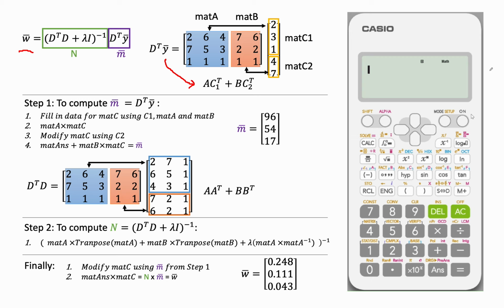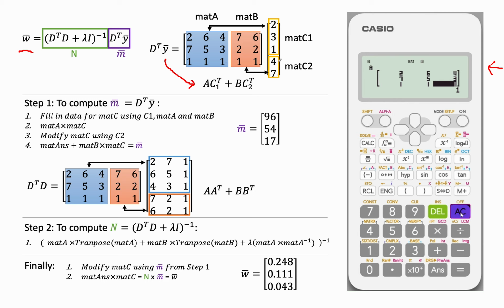To begin, we have to first switch our calculators into matrix mode. After that we key in the numerical values for matrix A, B, and matrix C1, one by one. So we start with defining our matrix A. We key in all the entries based on how we split D transpose into two smaller matrices.